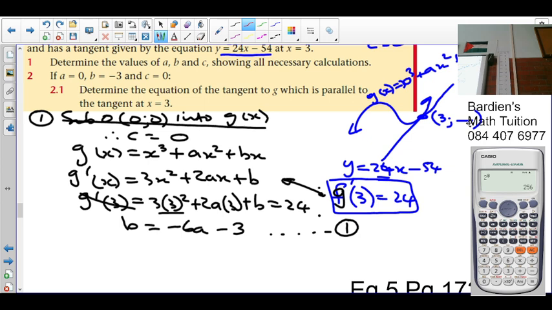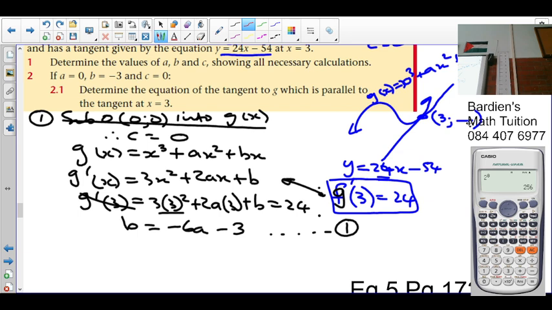But that is also the point where the tangent cuts the cubic function. Can you see that? That's also a point of intersection. Yes, well done. It's a point of intersection.